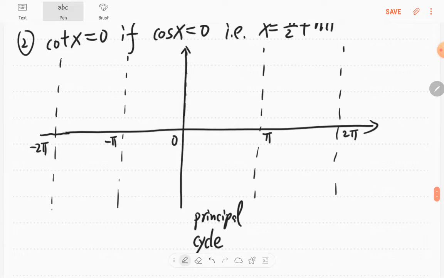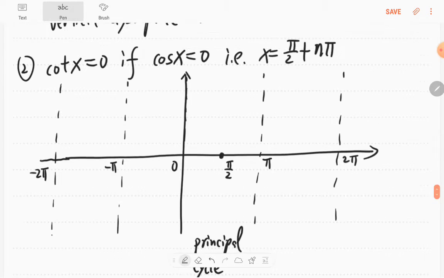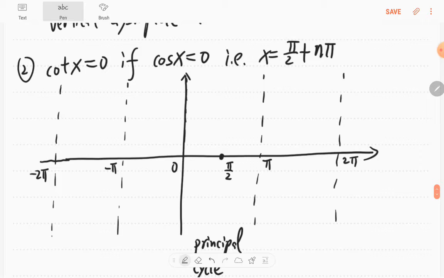Okay, and we still look at the midpoint, which is pi over 2, right? This is the x-intercept. The center is the x-intercept. And we have the halfway point, right? When x equals pi over 4, cotangent pi over 4 is equal to 1.